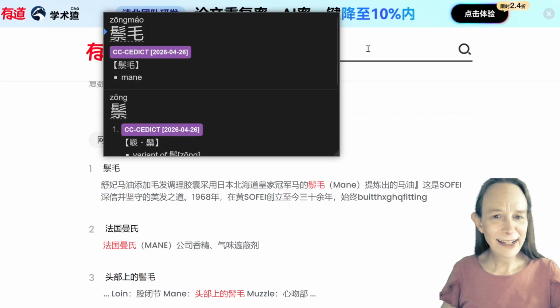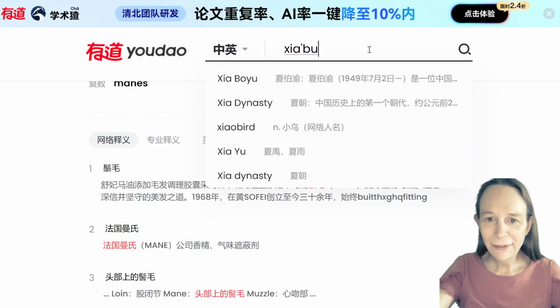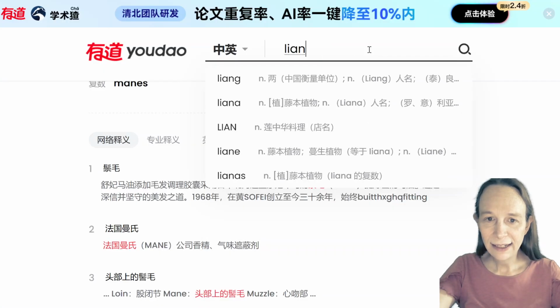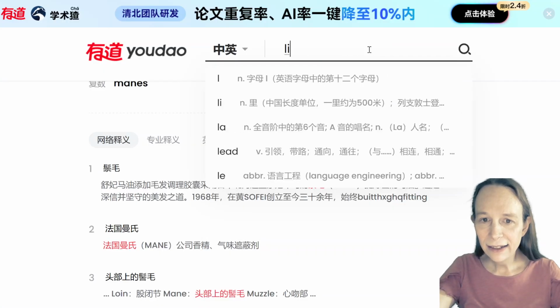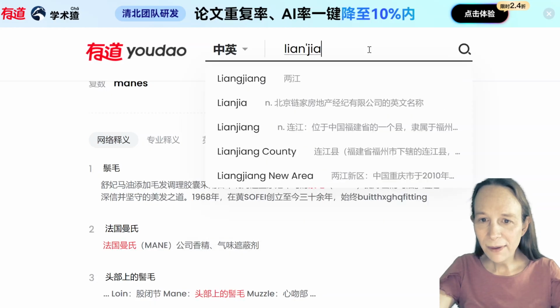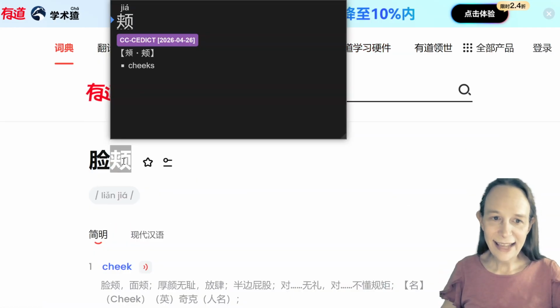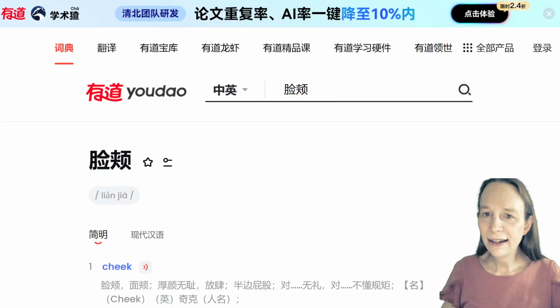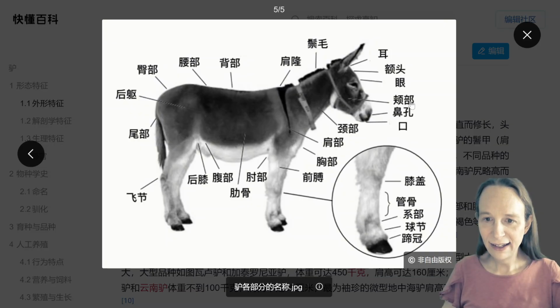It's 颊, right? 颊部 if I remember correctly. I always get it wrong. It's 颊, 脸颊的颊. So 颊部, 鼻孔, nostrils, 口, mouth, 颈部.